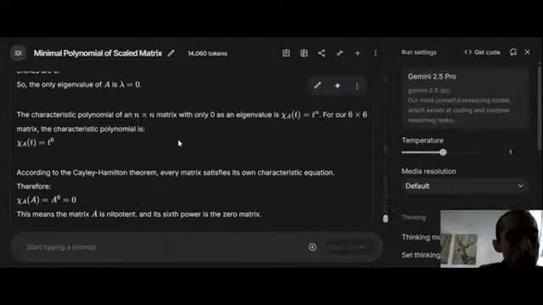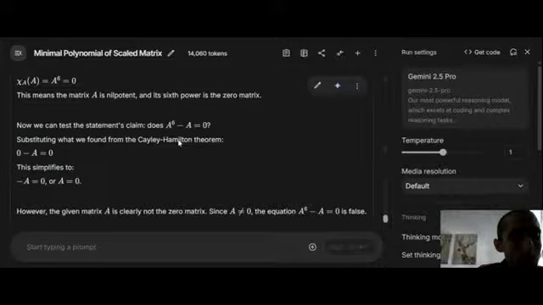If I assume that this polynomial annihilates the matrix, I get a equals 0, which is false. So the assumption that this polynomial t to the power of 6 minus t annihilates the matrix is not true.